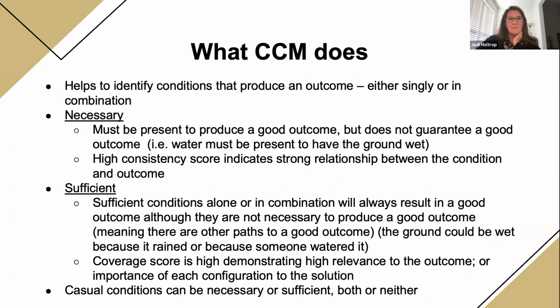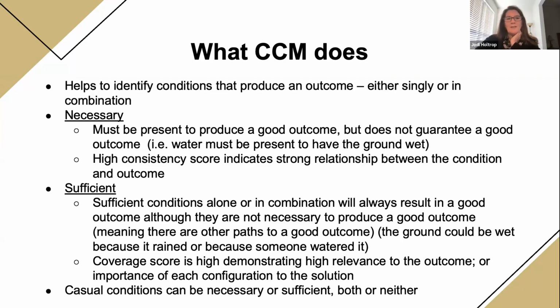That's an example. Sufficient conditions are those alone or in combination to produce a good outcome. So those have a good outcome, but it's not necessary to produce an outcome, meaning there are other paths to a good outcome. So the ground could be wet because it rained or because somebody watered it.